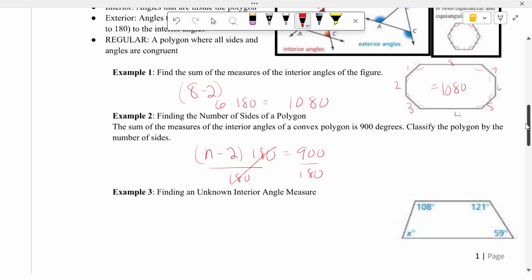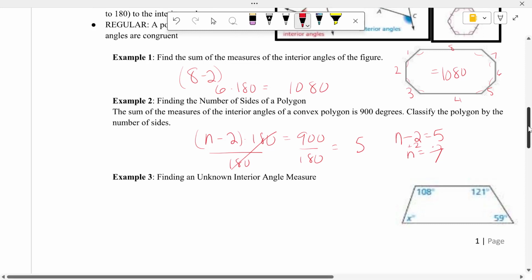That's going to basically tell us how many triangles I could fit inside that shape. So 900 divided by 180 equals 5. And then we would be saying that n minus 2 equals 5. So n, we've got to add 2 to both sides, and n would be 7. So there would be 7 sides. If you had 7 sides, you would have 900 total degrees.